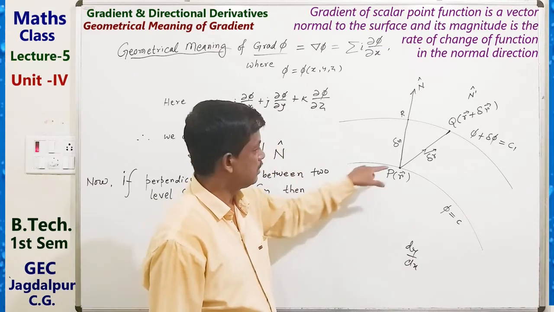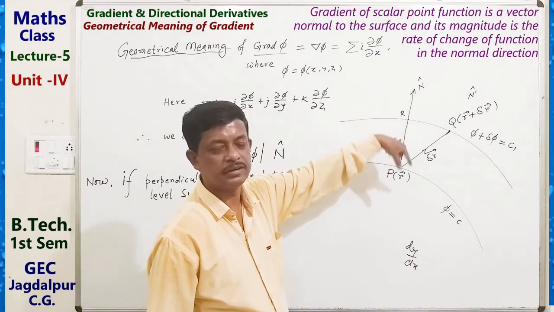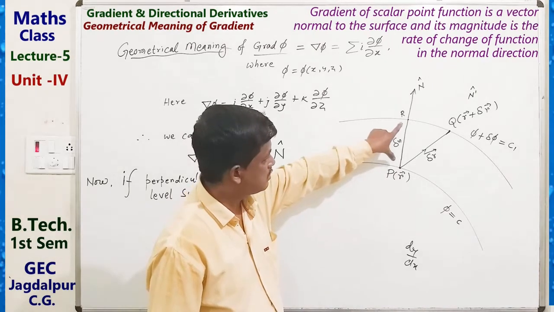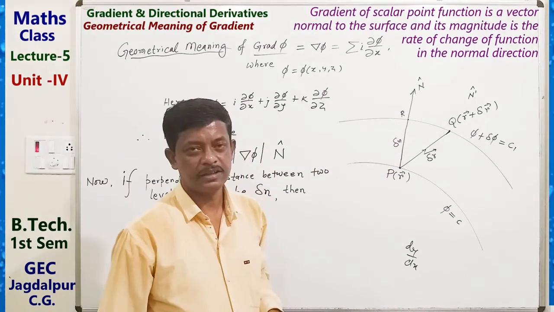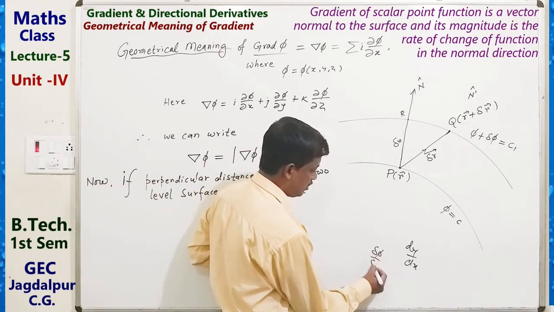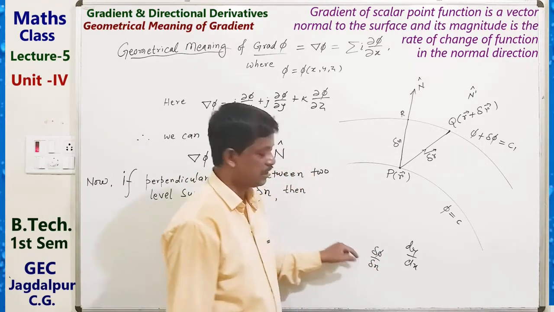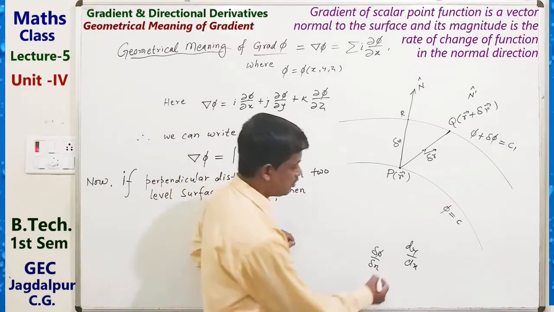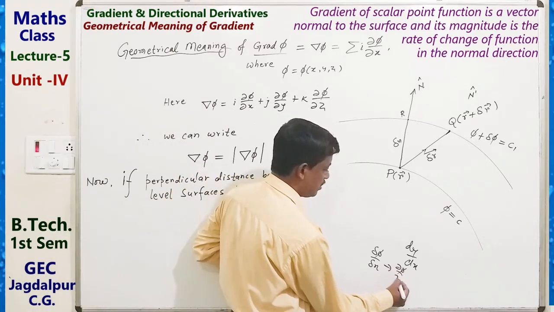Here we take the direction in this direction. Suppose this distance is delta n. Then delta phi upon delta n tends to del phi by del n.